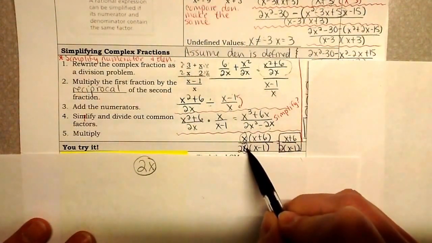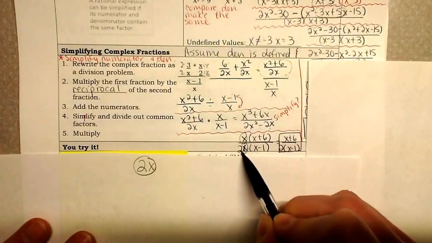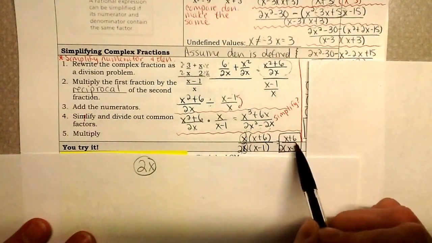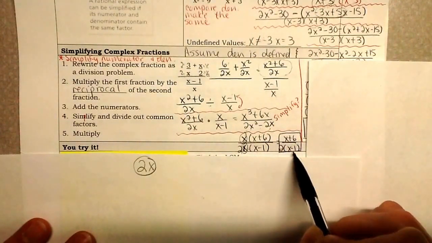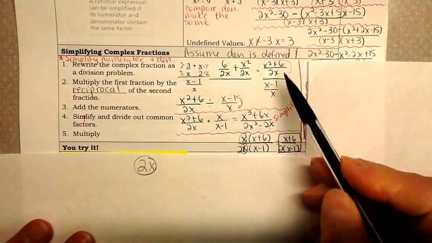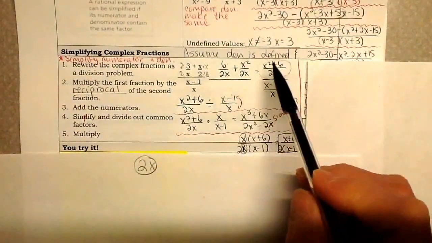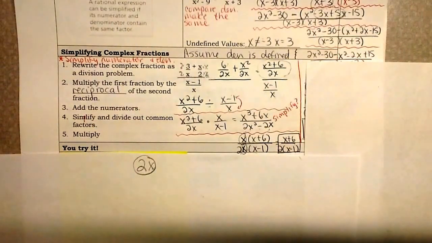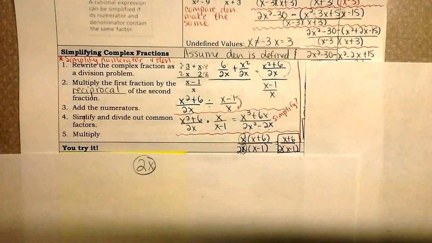Now they're multiplied. We're not reducing across any addition or subtraction problems. So we can just reduce here, and we are left with x plus 6 over 2 times x minus 1. And we said we had to assume that all the denominators are defined, or all values are defined.